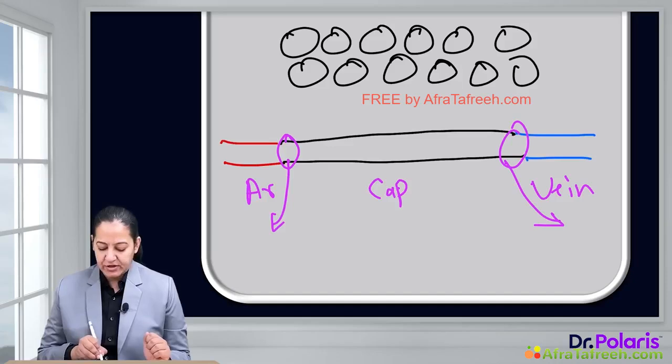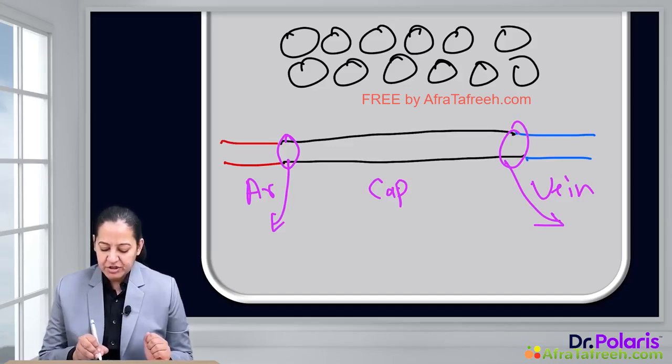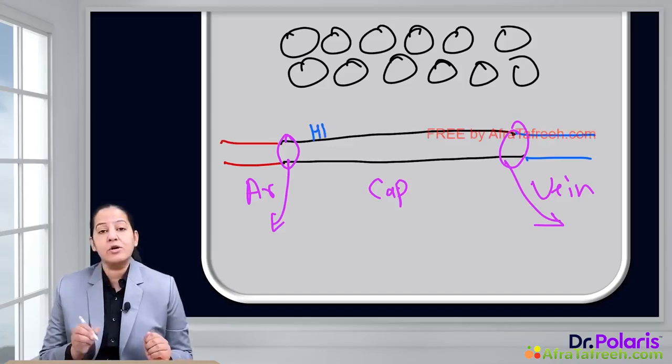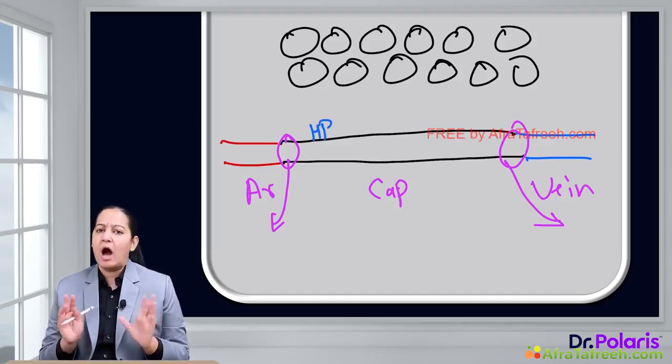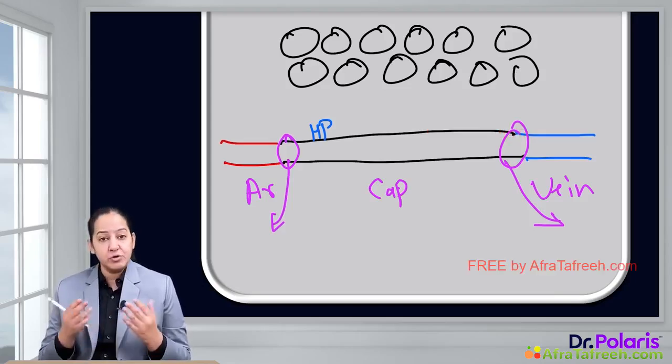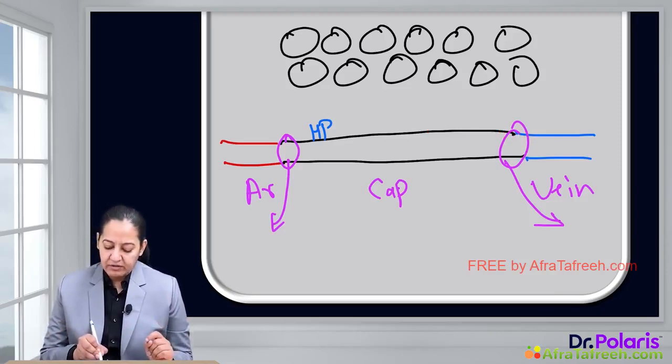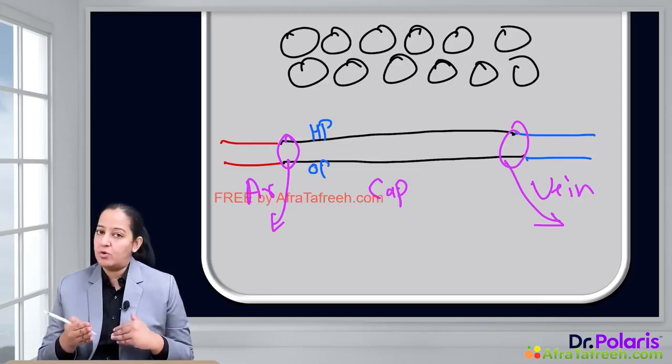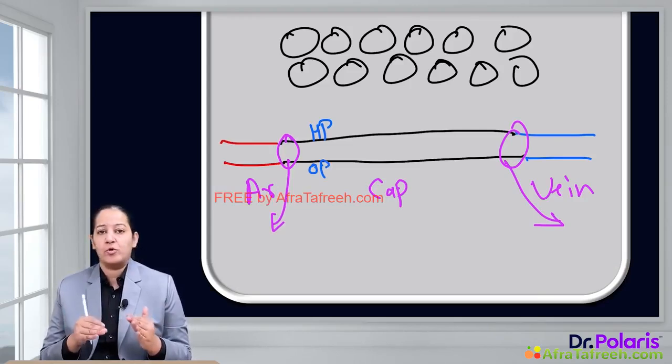What do you mean by hydrostatic and oncotic pressure? Hydrostatic pressure is the pressure caused by water in the blood, and it is always outward. Osmotic pressure is the pressure due to the protein content of the blood, and it is always inward. So at the arterial end also we have hydrostatic and osmotic pressure. One is outward, one is inward. The hydrostatic is due to water, it is outward, and osmotic is due to protein, it is inward.